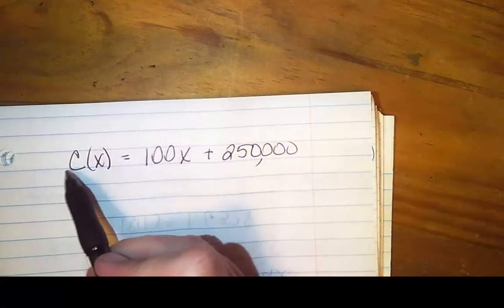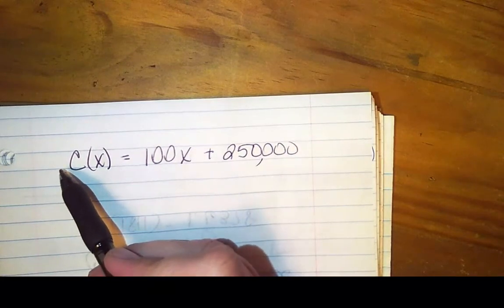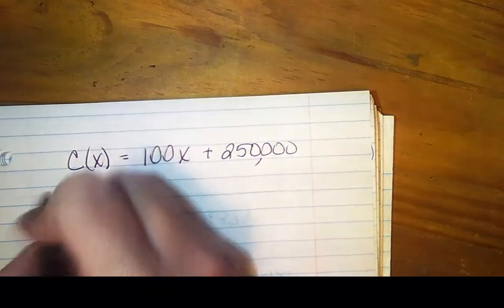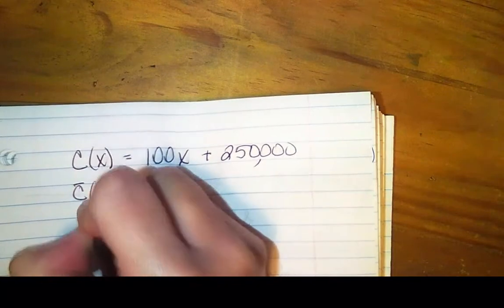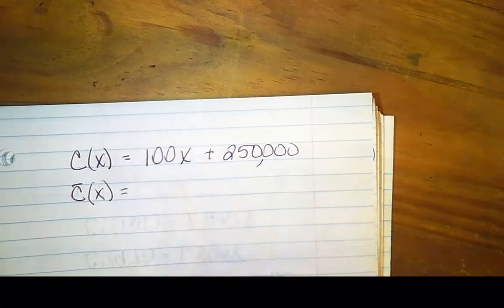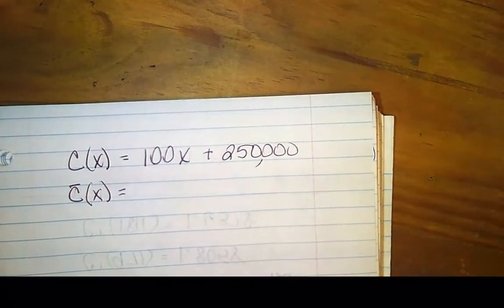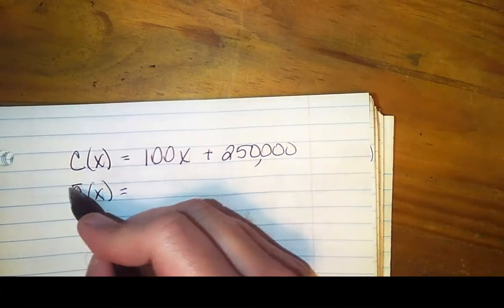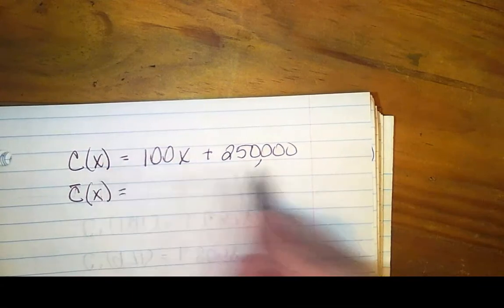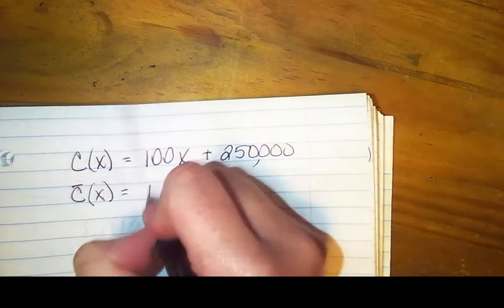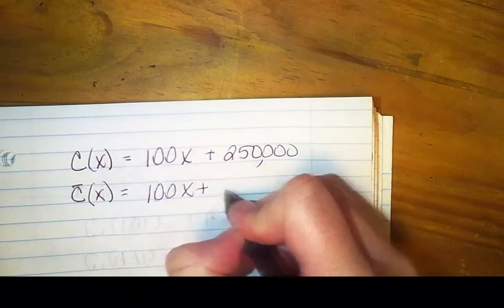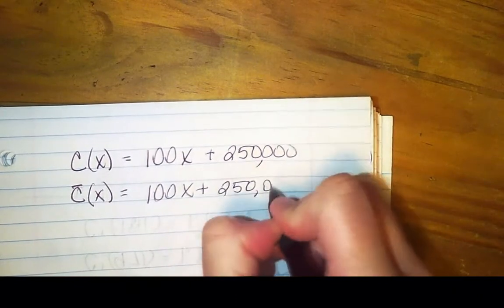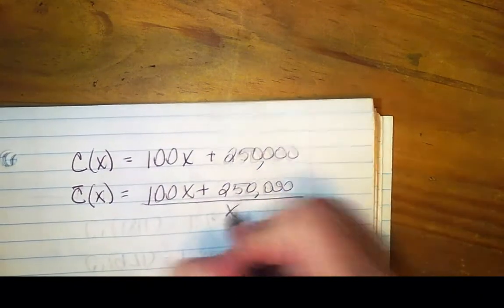That is my cost function. So the first thing I want to do is find the average cost. So how do I find average costs? Remember, bar C means you divide everything by x. So 100x plus 250,000, divide all that by x.